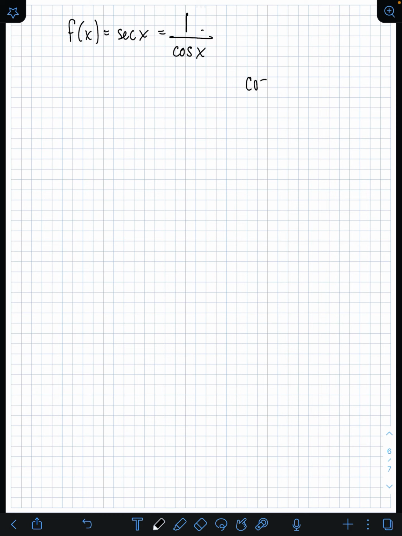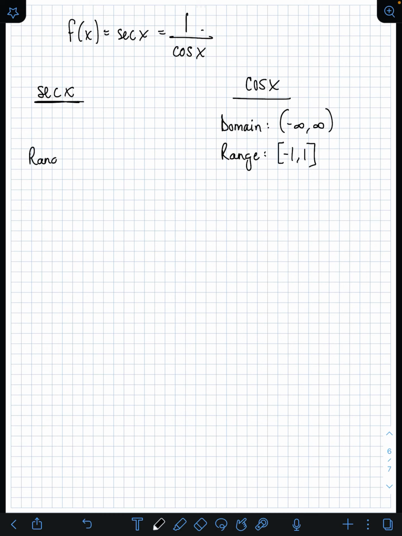So, once again, we can look at the characteristics of cosine of x, which has the same domain and same range as sine of x, and therefore its reciprocal, secant of x, is going to have some very similar things as well, including the range, where it can be everything below -1 or everything above +1, because it is the reciprocal of cosine, which is always between -1 and +1.